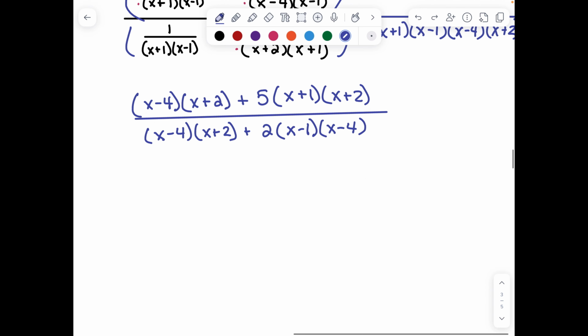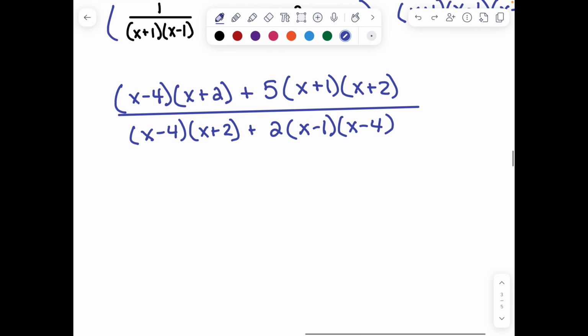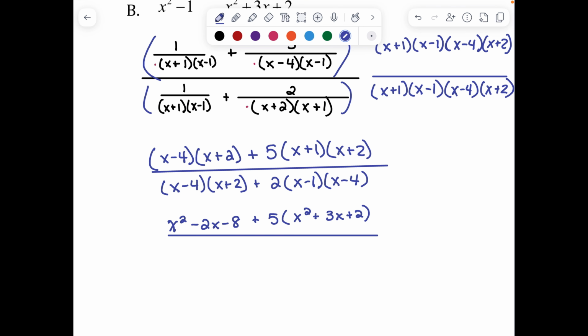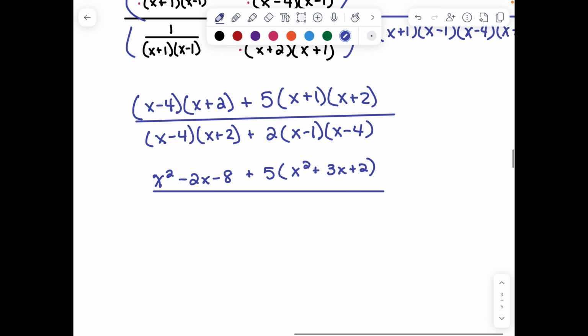So now I'm just going to multiply everything out. So I have x squared minus 2x minus 8 when I FOIL that, plus 5 times, this FOILs out into x squared plus 3x plus 2. This is all going to be over, we have x squared minus 2x minus 8 plus 2 times x squared minus 5x plus 4.